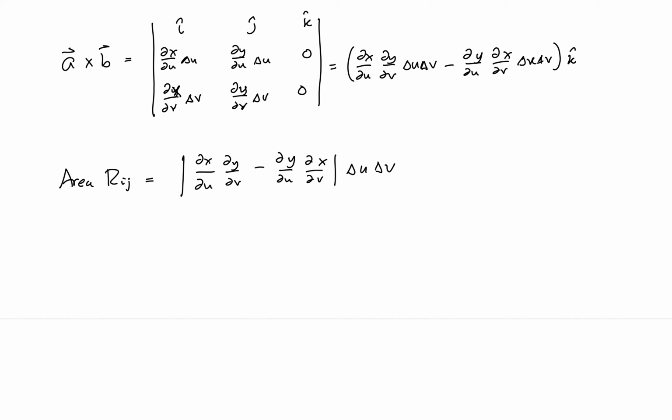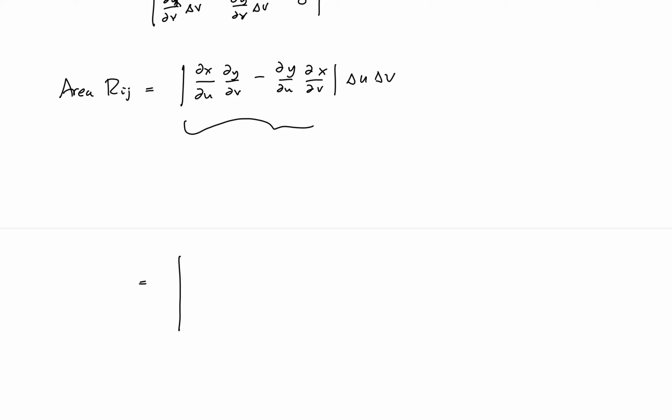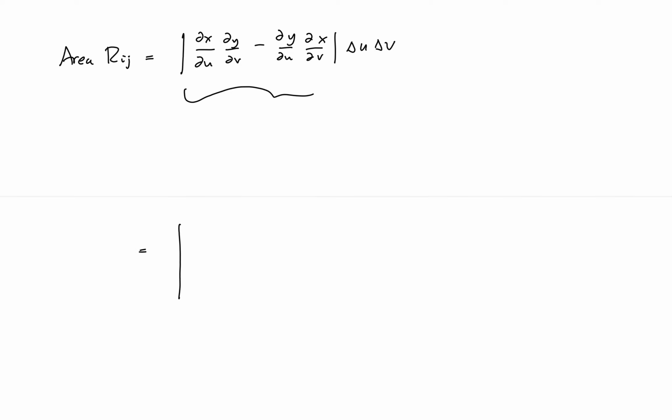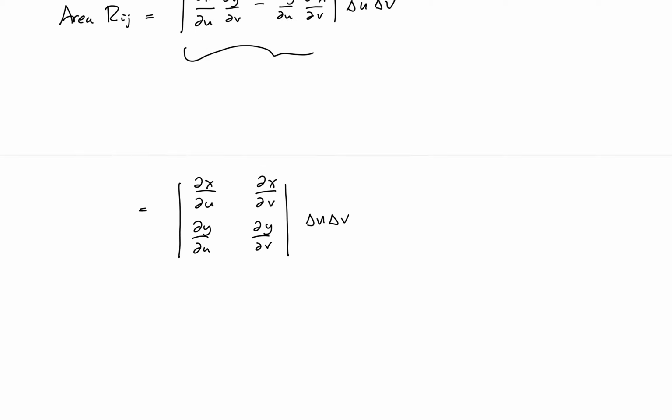This part here is pretty important. One thing to note is I can write this as the determinant of a matrix. We do this because it shows up often and because it's going to be important for the more general cases. The determinant is delta x over delta u times delta y over delta v, minus delta x over delta v times delta y over delta u.